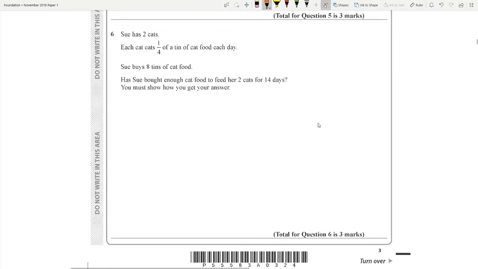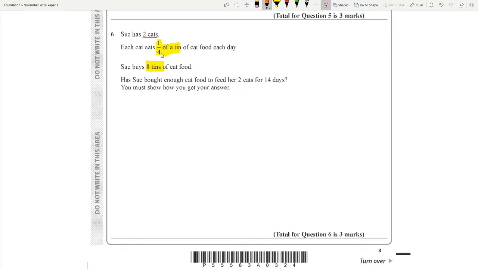Sue has 2 cats. Each cat eats a quarter of a tin of cat food each day. She buys 8 tins of cat food. Has Sue bought enough cat food to feed her 2 cats for 14 days? Okay, so she's got 2 cats. Each cat eats a quarter of a tin.